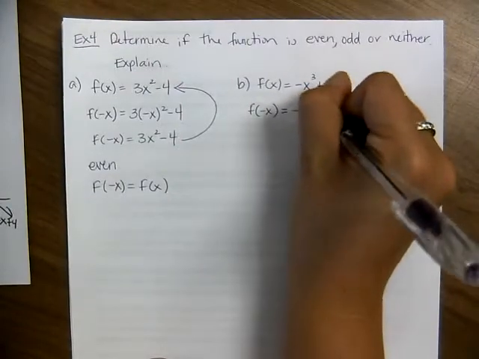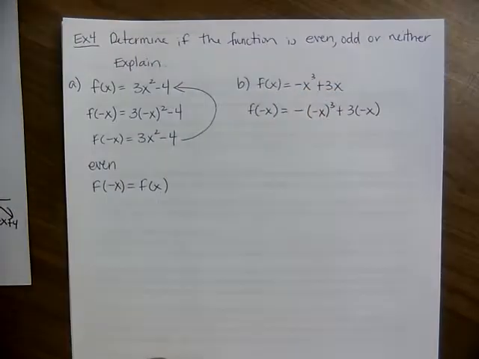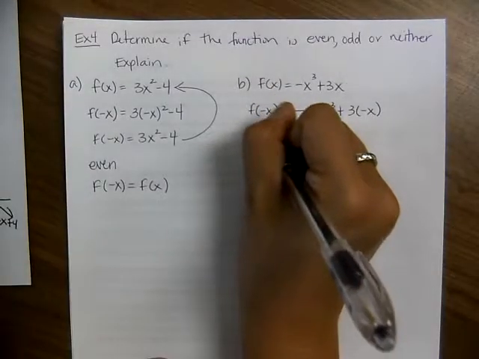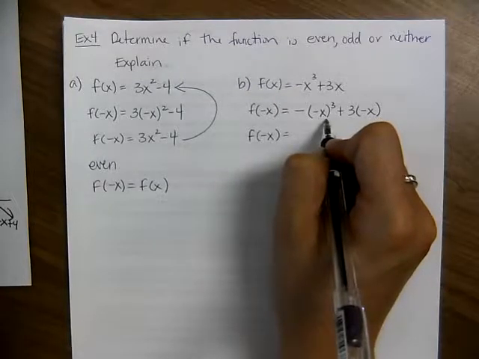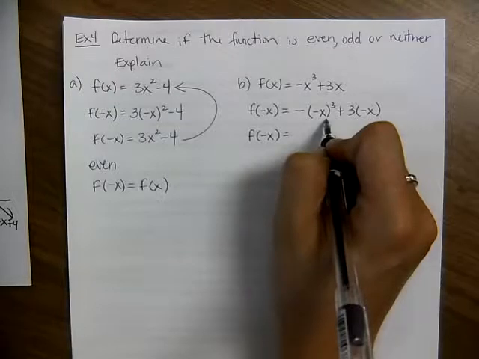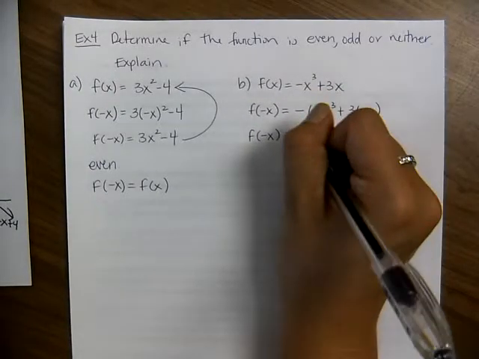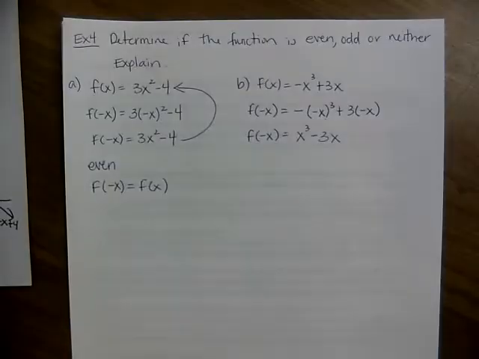So I'm going to have the opposite of a negative x cubed plus 3 times negative x. Okay, so when I get this negative x cubed, once you cube it, you get a negative x cubed, but I have to multiply it by this negative. So here I'm going to have an x cubed minus 3x.